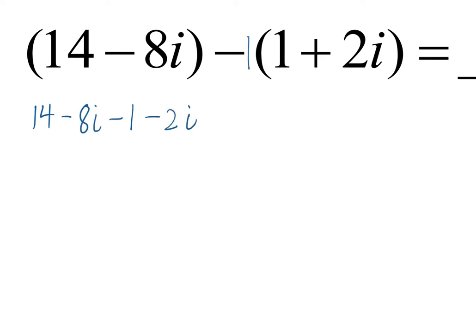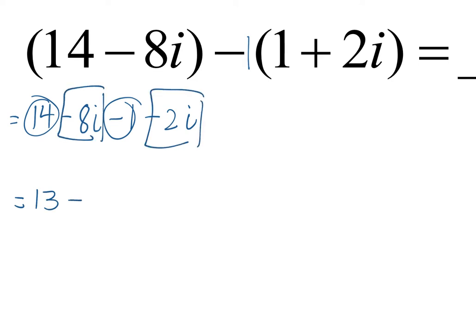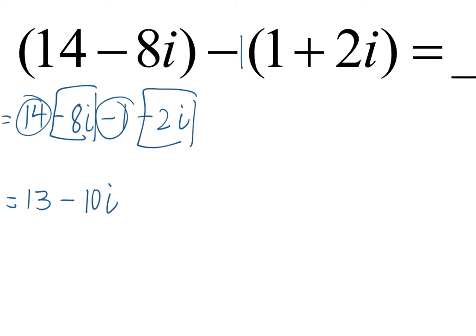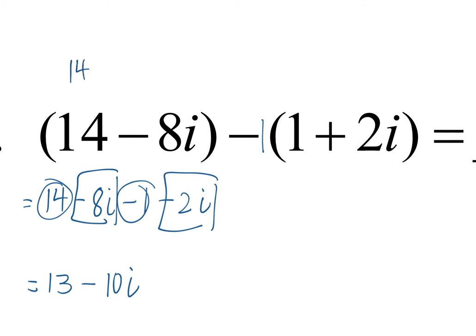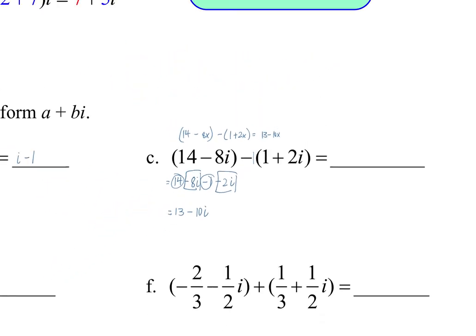So I can say my like terms, 14 minus 1, that is 13, and then -8i and -2i is -10i. So just the same way you would be working 14 minus 8x minus 1 plus 2x, the same way you would simplify that expression, the answer to this would be 13 minus 10x. We're just dealing with i's, with imaginary numbers instead of x's.